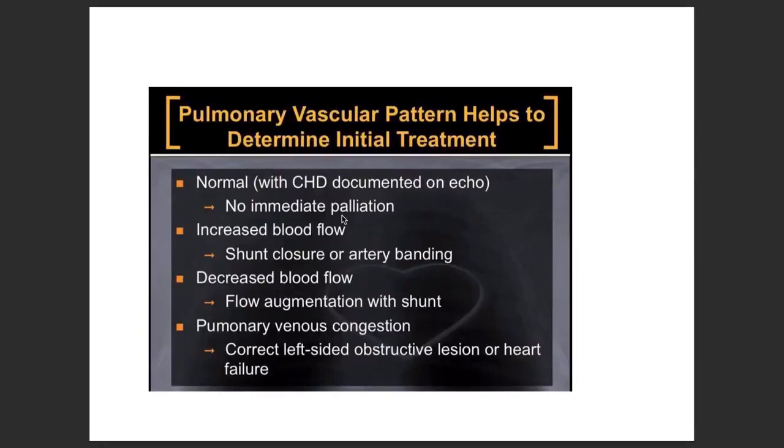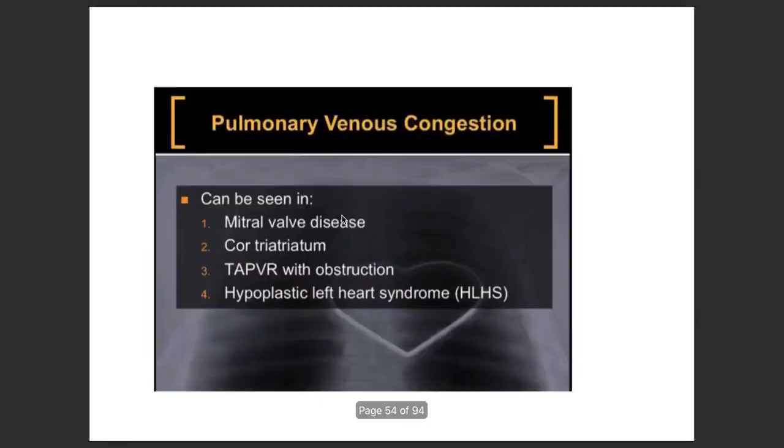However, if there is increased blood flow, shunt closure or, of course, artery banding may be needed. If there is decreased blood flow, then flow augmentation with a shunt should be done. And if there is pulmonary venous congestion, then you should correct the left-sided obstructive lesion or heart failure, in fact.